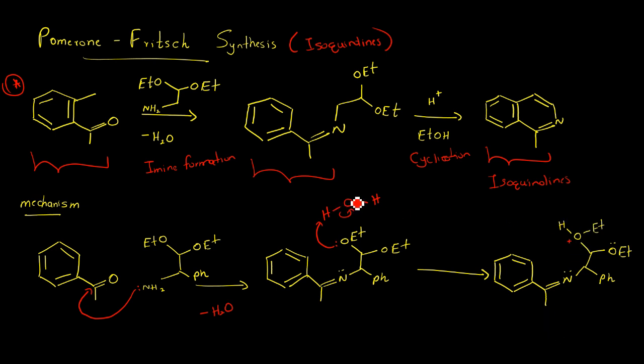So actually this is coming from the ethanol. From the ethanol we have the hydrogen for this place. Now we have the oxygen atom with a positive charge. Let me write this as we are using H plus in ethanol medium. These are the medium conditions, so we can easily add the hydrogen to our oxygen.